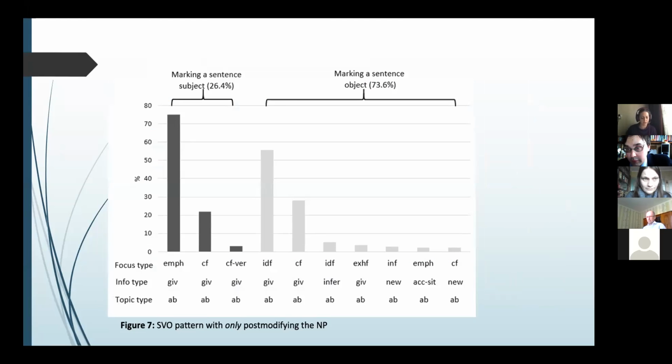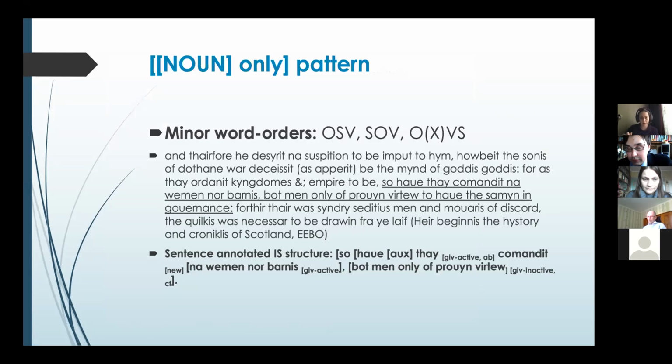Figure 7 presents the overall distribution of patterns where the adverb marks NPs functioning either as the subject or the object of the sentence. The study of less frequent word patterns, where post-modifying only is registered as a part of NPs, that is OSV, SOV, and OVS, indicates that the NP regularly represents given inactive information and mostly contrastive focus or an emphatic one.